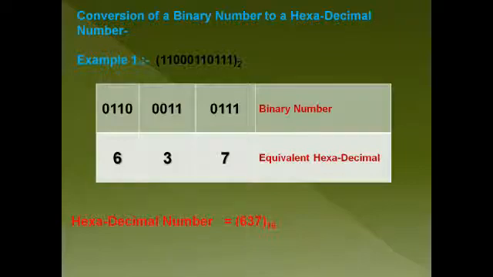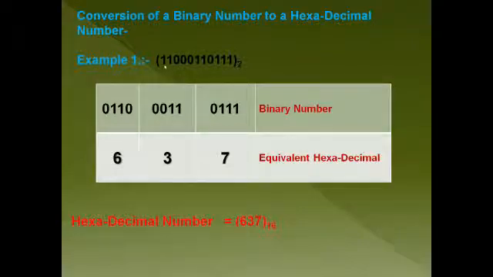We will start from the right hand side. Then you can add 0 to the left side to make the number of bits into a group of 4. Convert each 4 bit pattern into a decimal number.